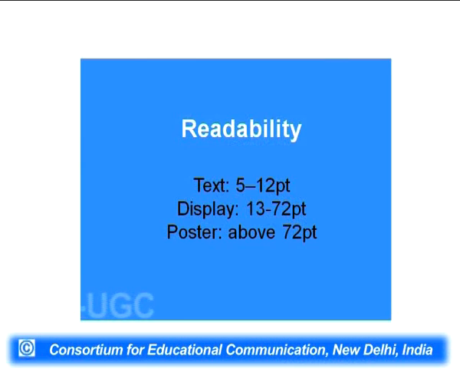And you are communicating. Now, when you are reading, there are three categories of types we are reading. For our convenience, we have divided them into three categories. One is a text category, second is a display category, third is a poster category. Text.